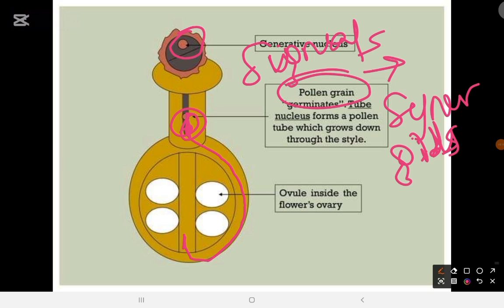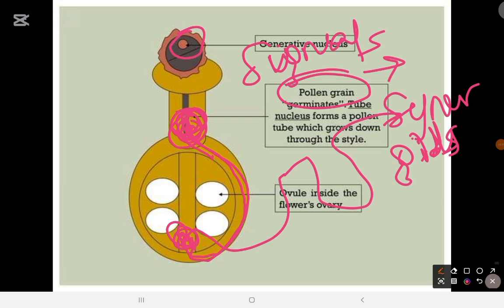Those signals are produced by synergid cells within the ovary, and that chemical signal is what helps the tube nucleus direct the growth of the pollen tube so that it doesn't miss the direction.